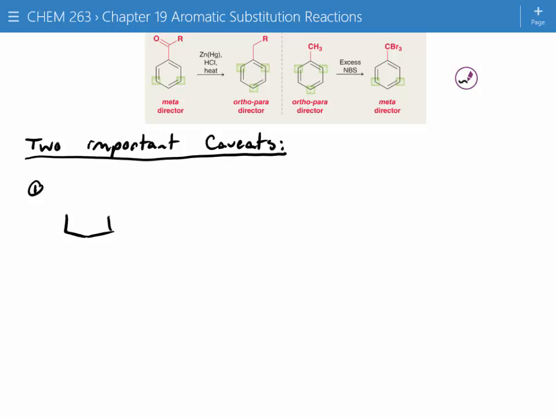The first one is if we have aniline, is aniline going to be an ortho-para director or a meta director? Ortho-para, right?